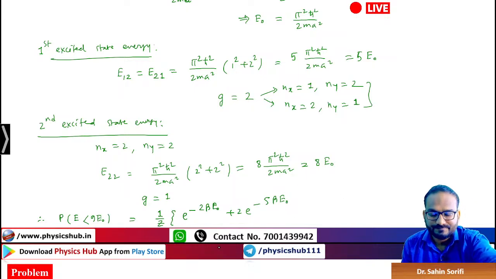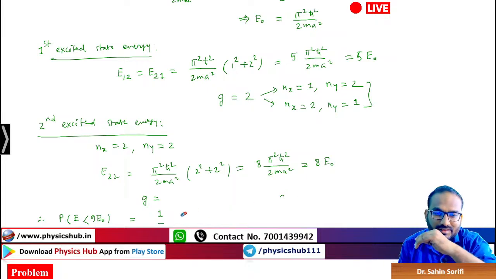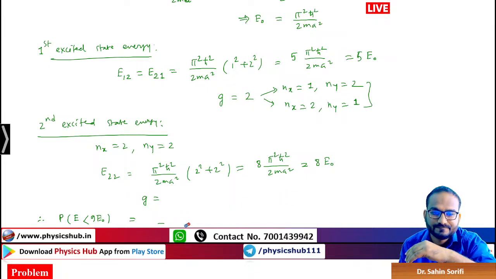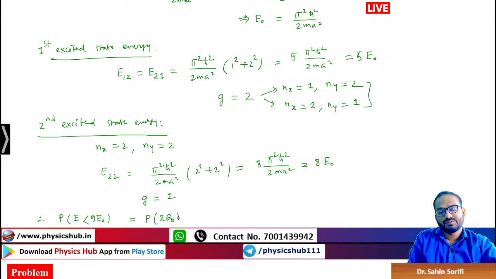So it is like the probability for the state with energy 2 E naught plus the probability for the state with energy 5 E naught plus the probability for the state with energy 8 E naught.